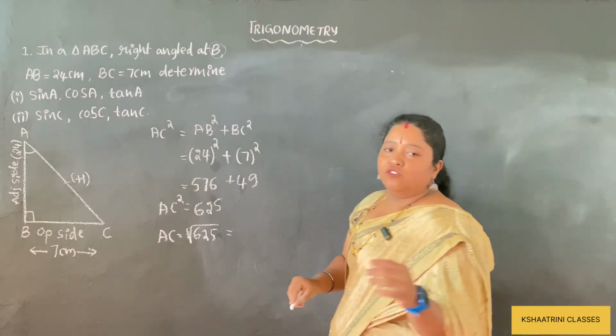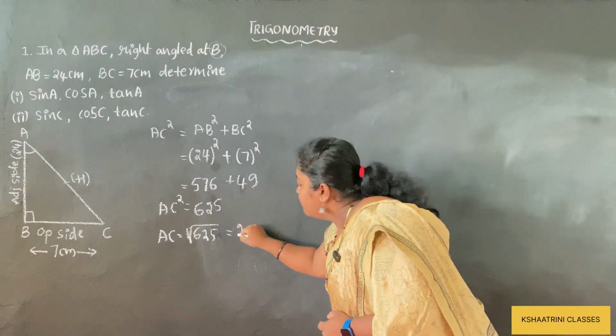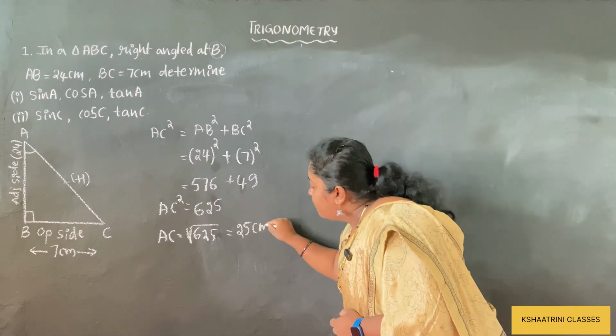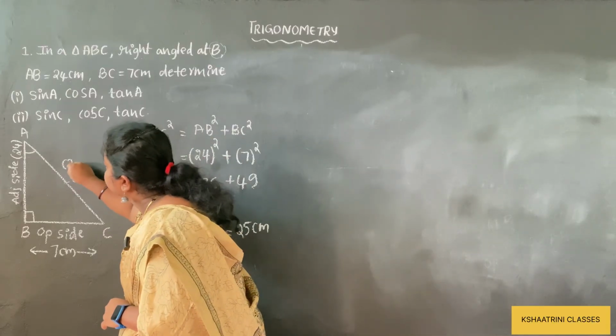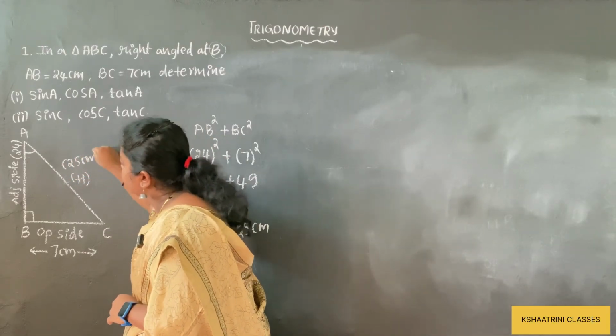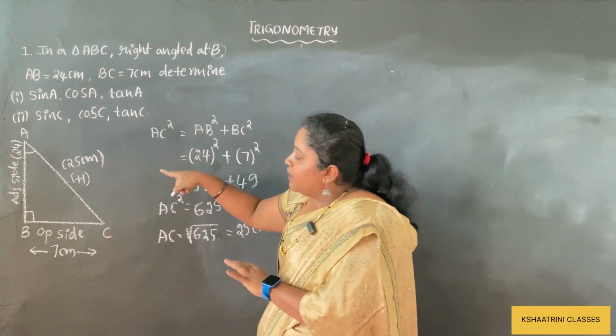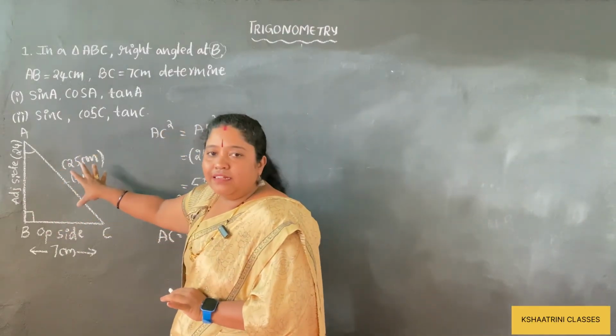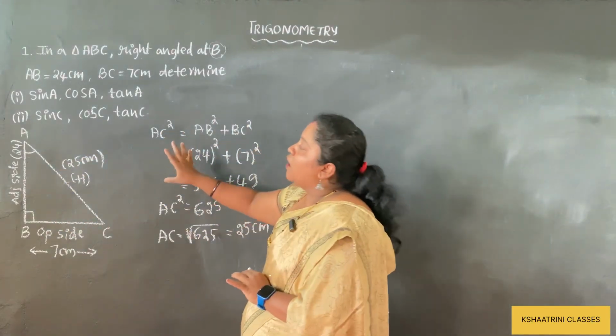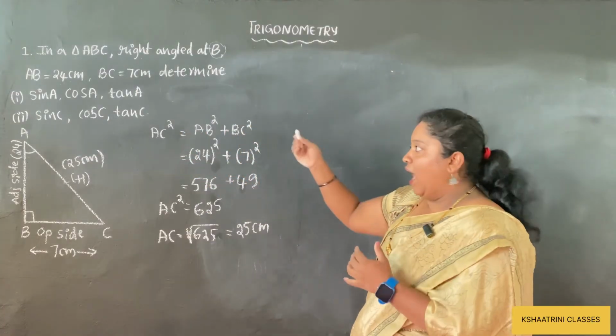We know that the square root of 625 is how much? 25 centimeter. Now we got to know that hypotenuse is nothing but 25 centimeter. Now in the right angle triangle, we are provided with all the necessary information. Now we'll start writing the values here.